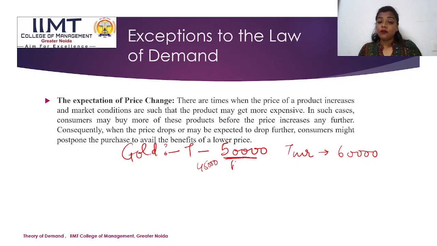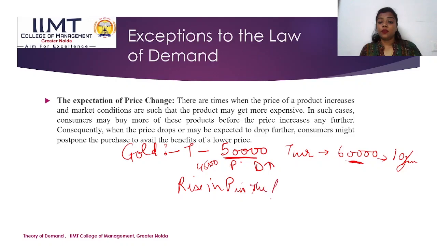But at this price, the demand will automatically rise, as we know that tomorrow it will cost rupees 60,000 per 10 grams. Alright. So if it is expected that there will be a rise in the price in the near future, the demand will increase today. We'll demand the product more today.